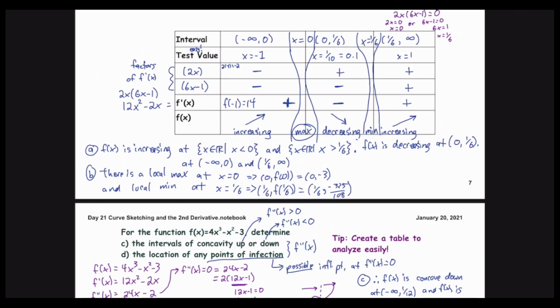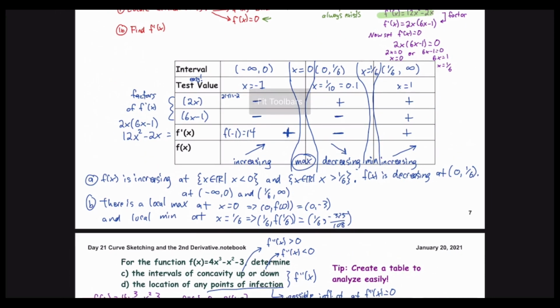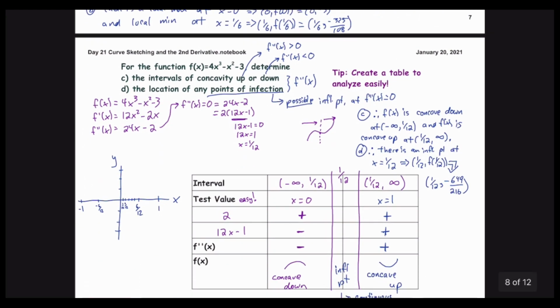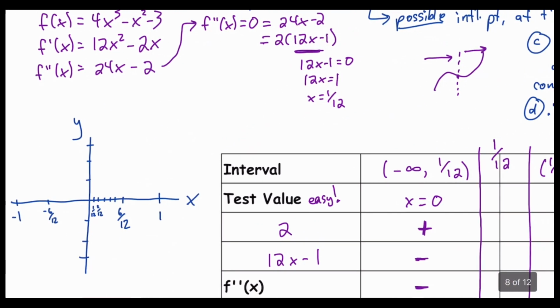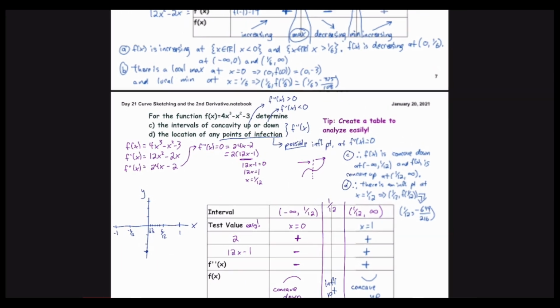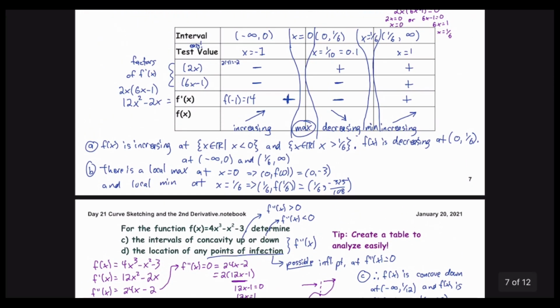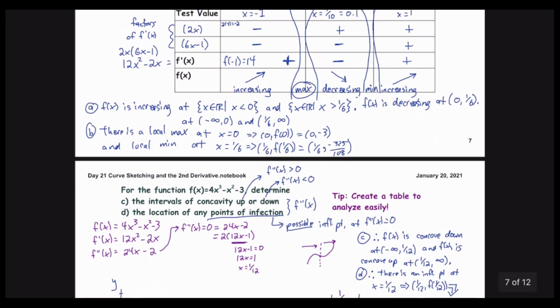The first thing I'm going to do is locate my maximum and minimum point. So looking back at my previous work here, I know that there's a local maximum at x equals 0 and negative 3. So let's indicate that point here. So x equals 0 and negative 3, and that is a maximum.